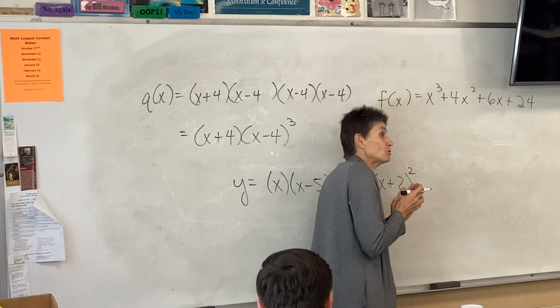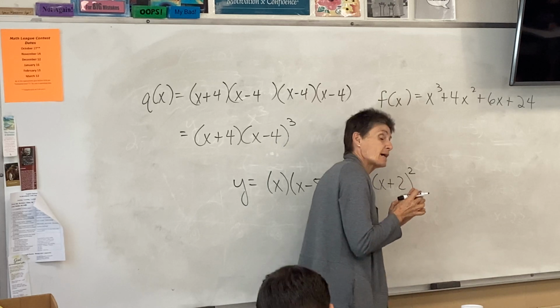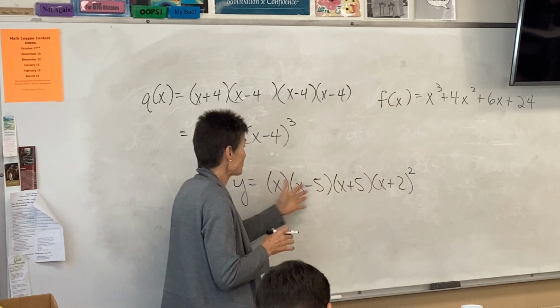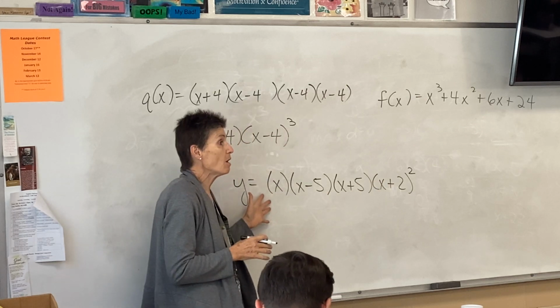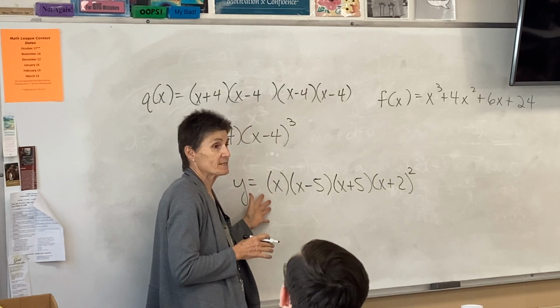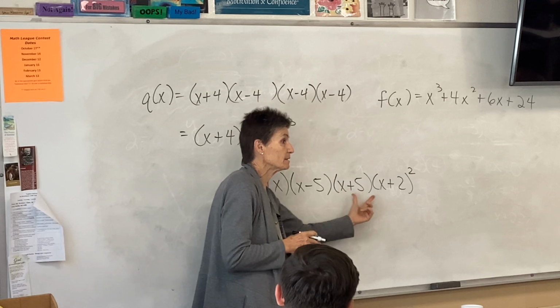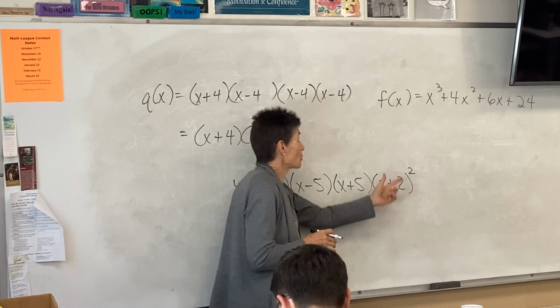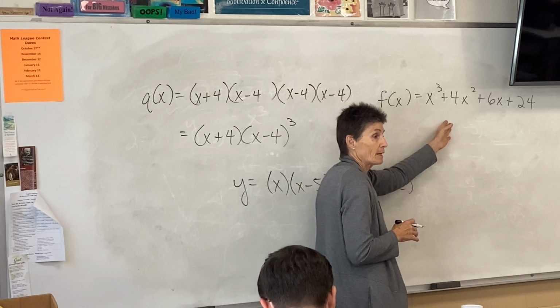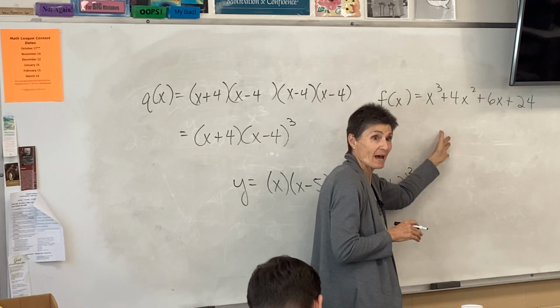Oh, factor by grouping. Guys, think about how we knew where the zeros were. Didn't the zeros come directly from the factors? So we gotta factor this thing. Unless we're gonna graph it on our calculator, we need to factor this.